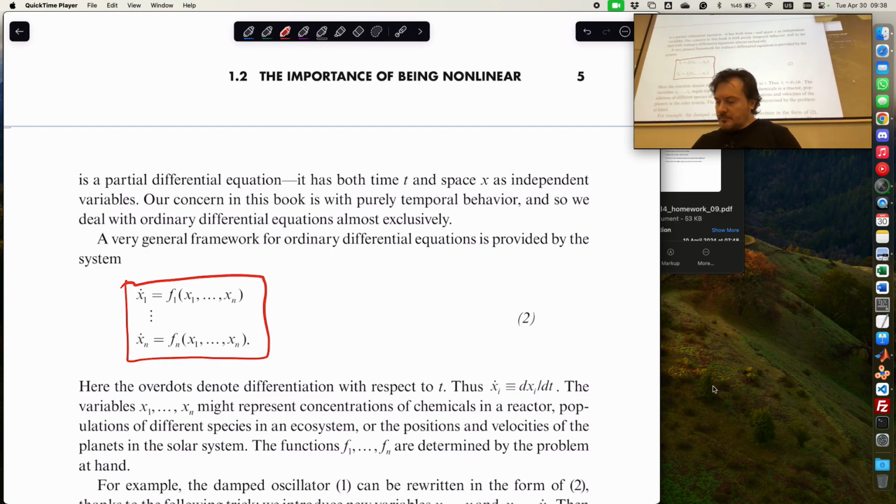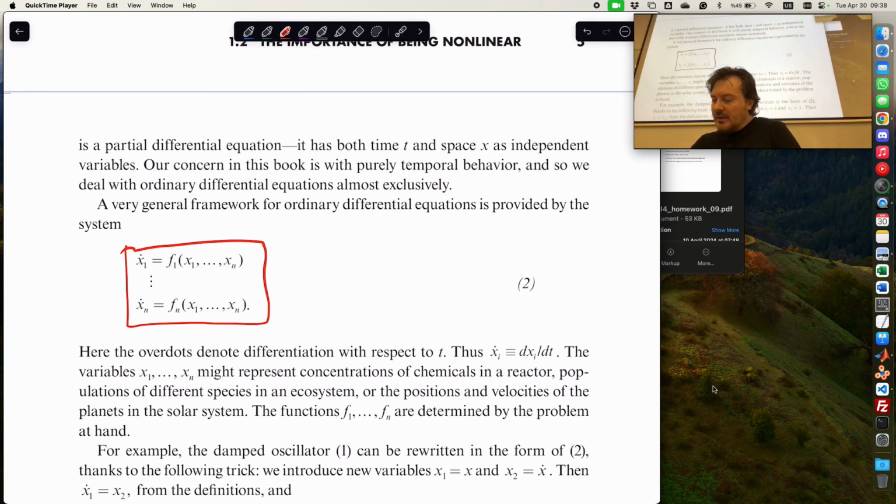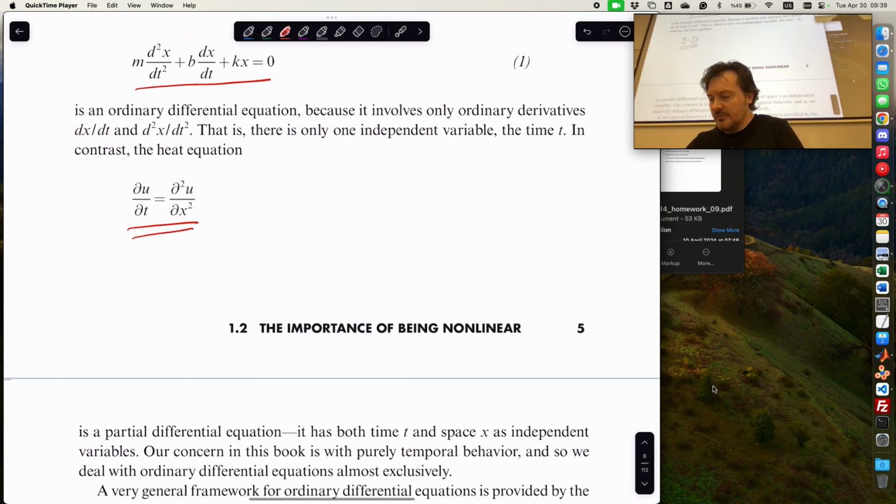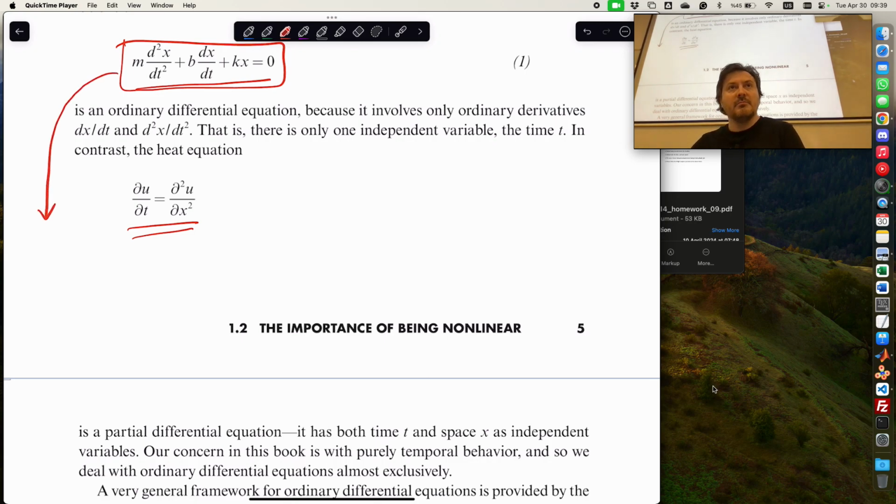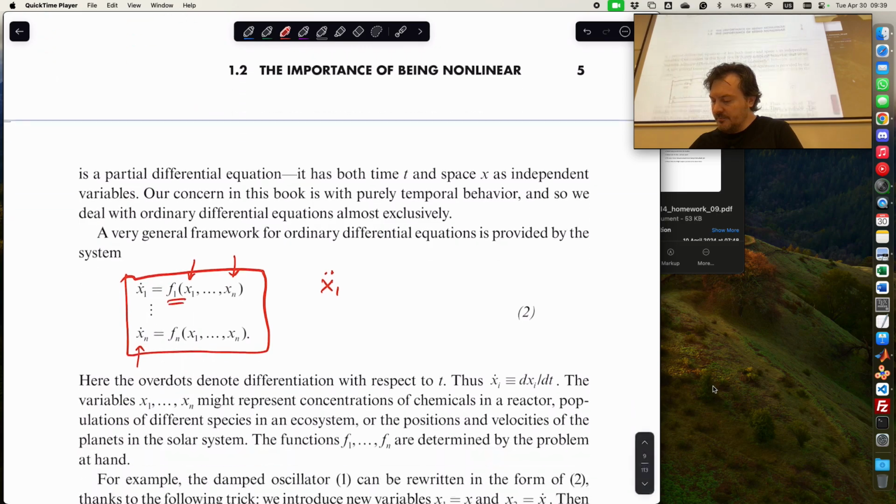So here we have x1 dot equals some function f1 that gets input from x1, x2, xn, and then xn dot. You may be wondering why we don't have x1 double dot, just like here, right? Because we can always reduce this one to that kind of representation.